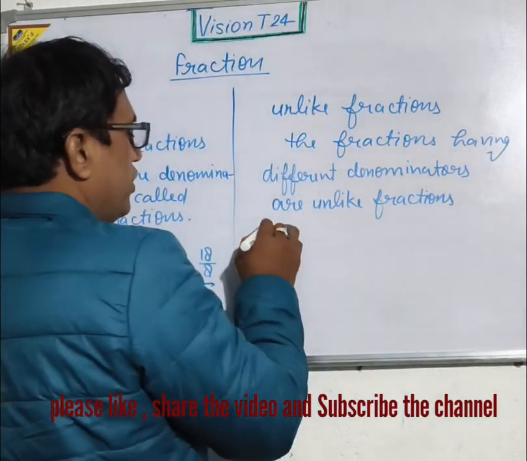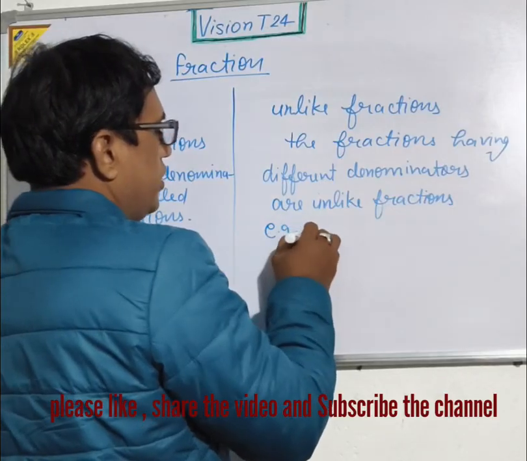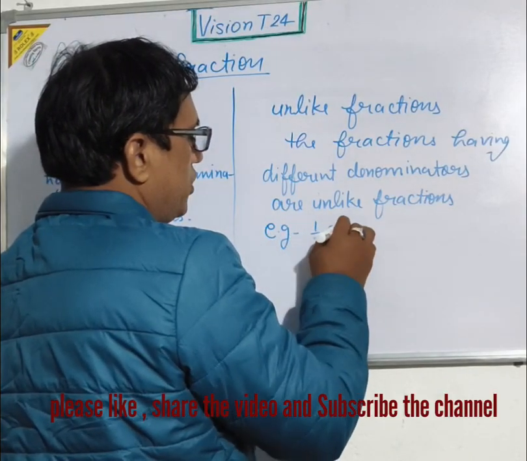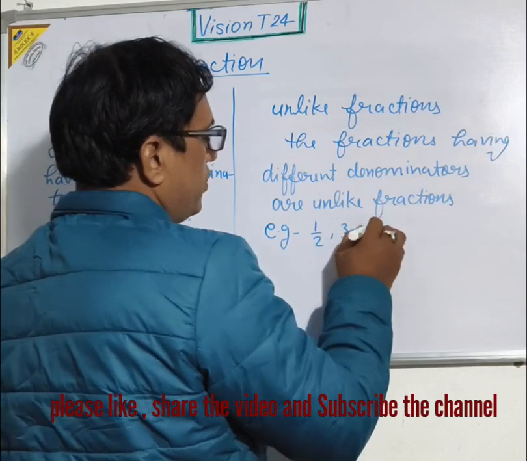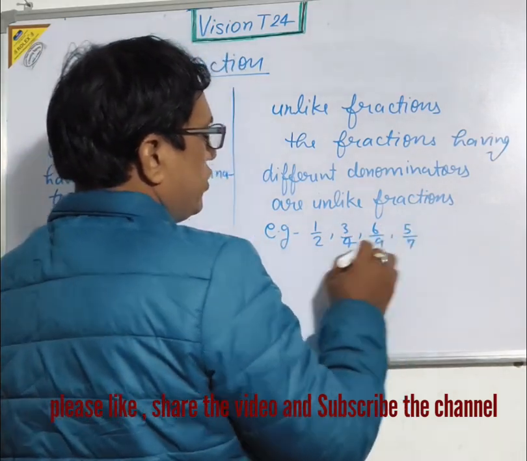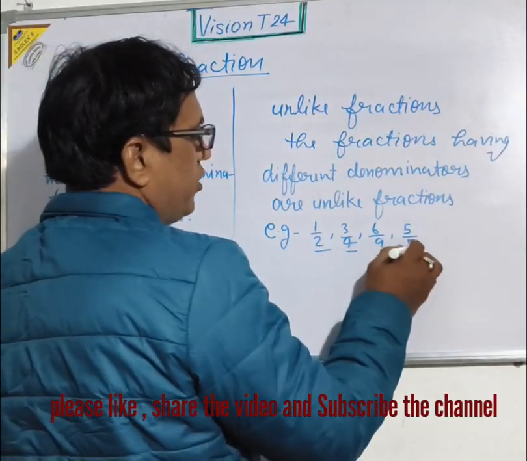For example, if we take 1 upon 2, 3 upon 4, 6 upon 9, 5 upon 7, these have different denominators.